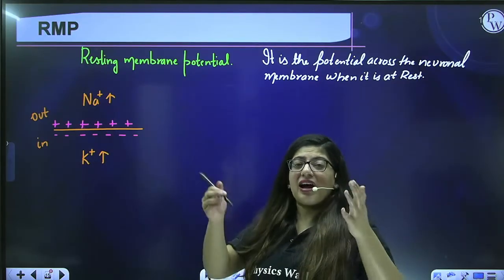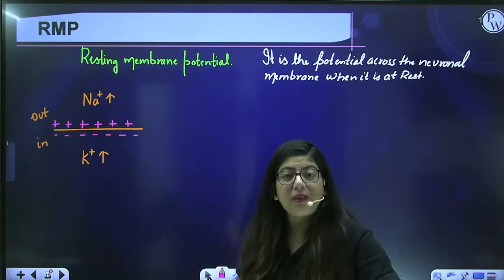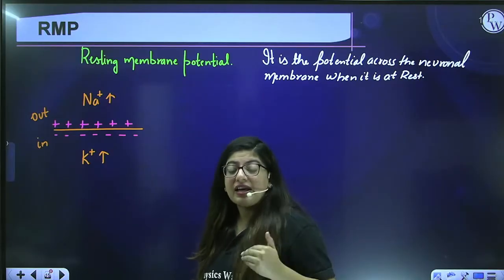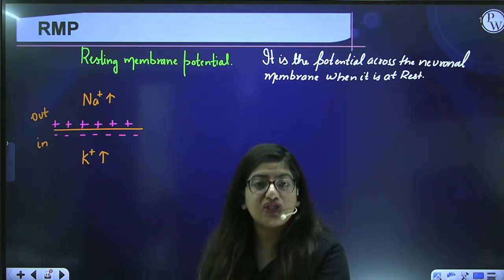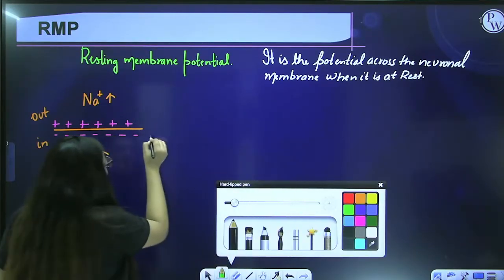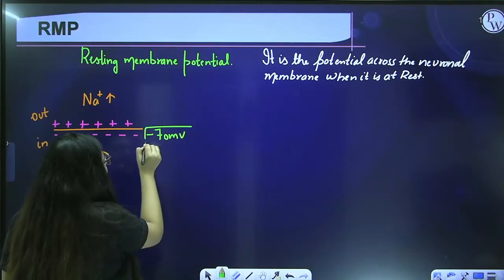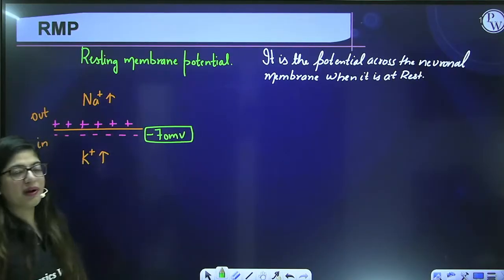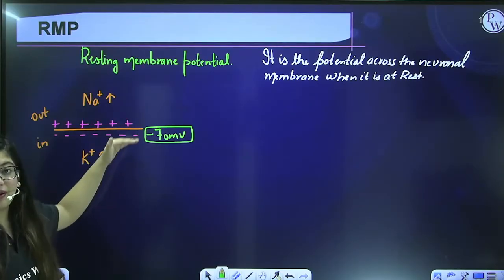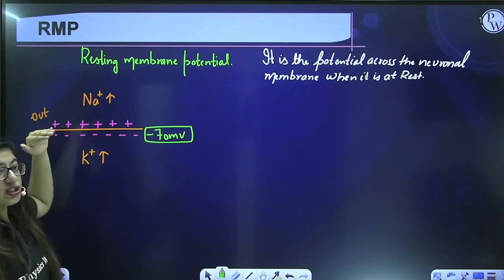As a result, across the membrane, the difference in voltage, or potential difference, is such that inside is more negative. How much negative? Inside is minus 70 millivolt. That's the potential difference across the cell membrane. So inside it is more negative, outside it is more positive.